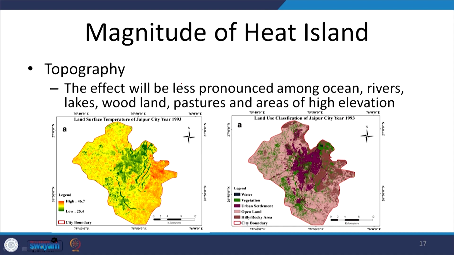Wherever we have cities which are closer to oceans, rivers, lakes, forests, pastures and at high elevation where the altitude is high, we would see that the urban heat island is less pronounced because of the presence of water body and the winds that it creates, and also because the rural areas or the surrounding areas are flooded with vegetation. All these together help to reduce the urban heat island.